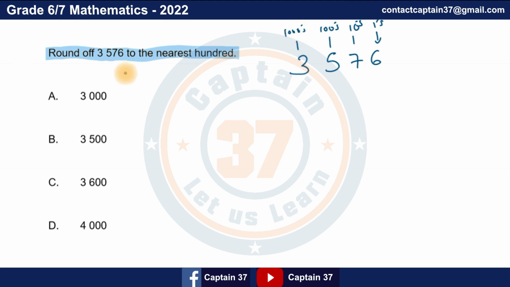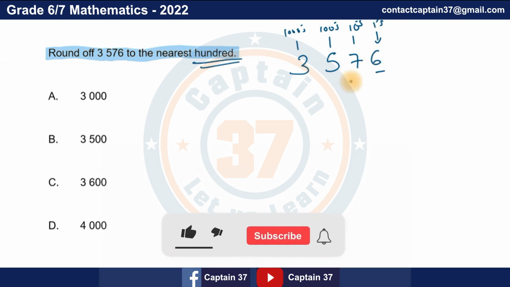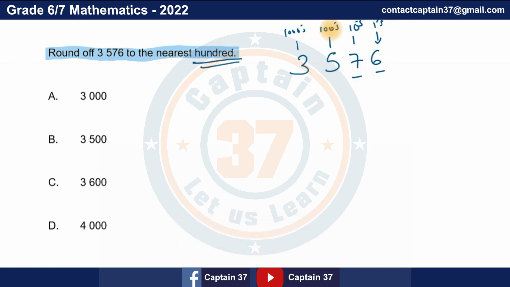So our interest is we must round off this number to the nearest 100. So we are not going to focus on 6. We are not going to focus on 7. But we'll focus on 5 because 5 is what falls in the hundreds. This 6 falls under the ones, the 7 falls under the tens, the 5 is what falls under the hundreds.